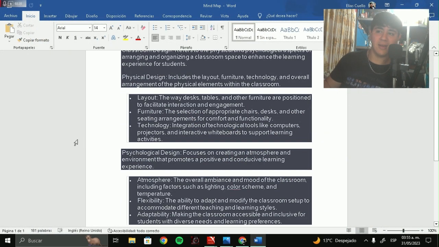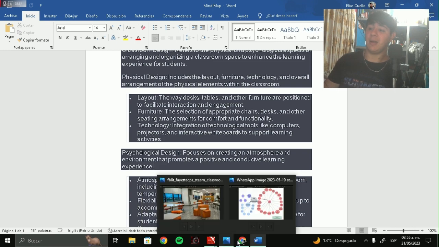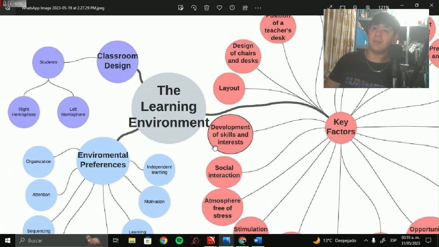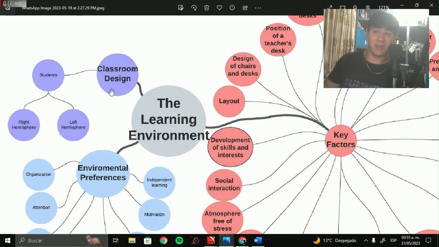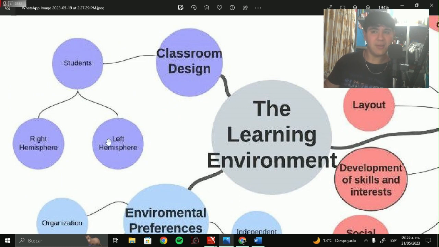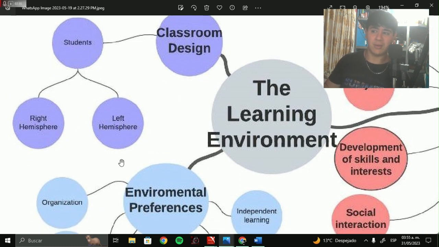And here it is important to note that in this mind map we can see, of course, the learning environment, the classroom design, as we already said, and here we have students from the left hemisphere and the right hemisphere. But what does this mean? Students from the left hemisphere may prefer a quite formal and predictable environment.